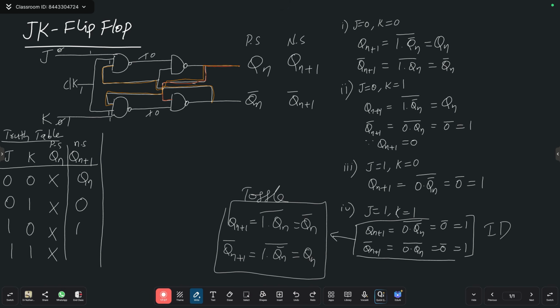Understood? This is a JK flip-flop. To avoid the indeterminate state, we add toggling lines to connect your circuit. Now this is a no change condition. This is a reset condition. This is a set condition. This is a toggle condition. Got it? Clear?